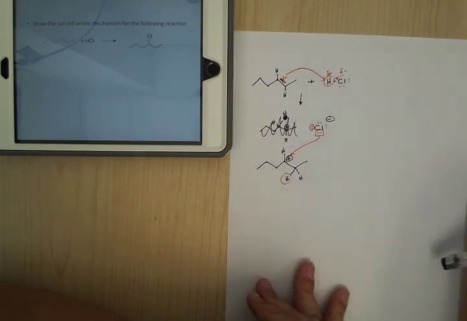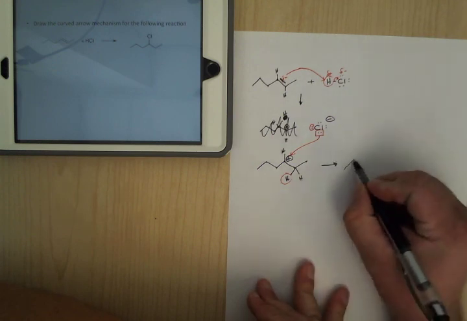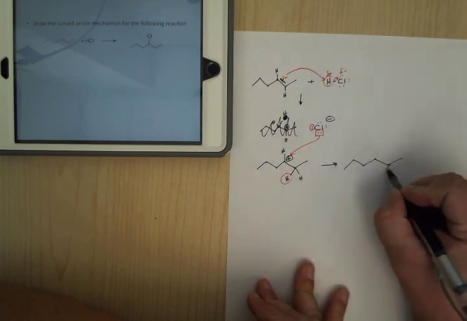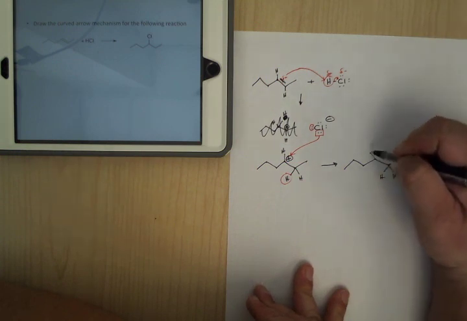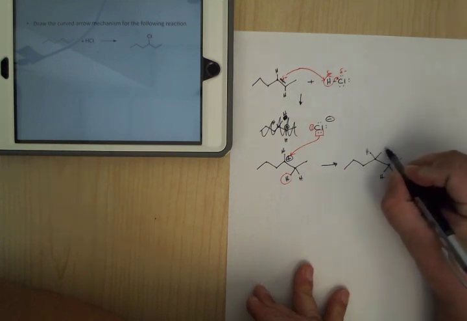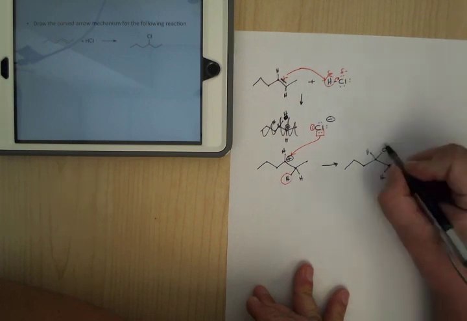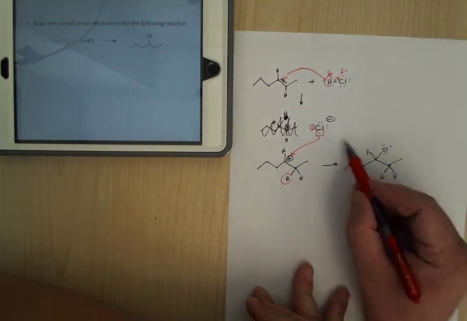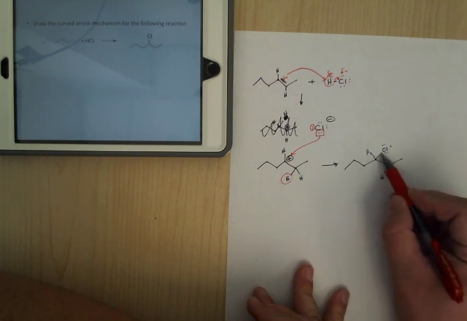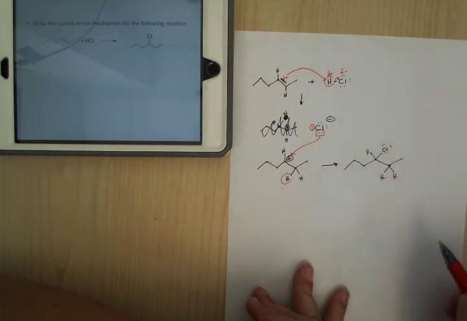So when you do that, right there, these 2 electrons became those two bonds there. Now everybody's happy. Everybody has their octet filled.